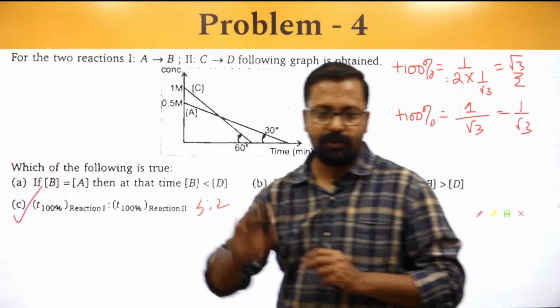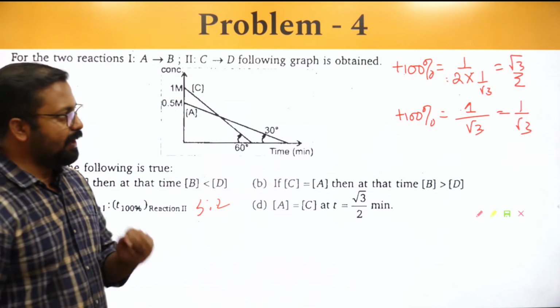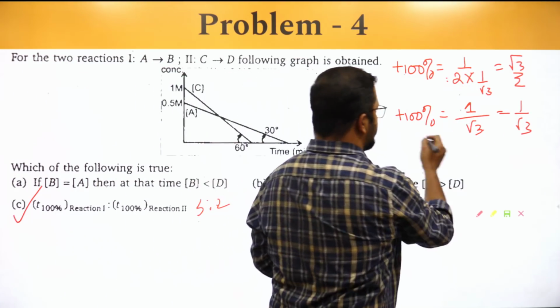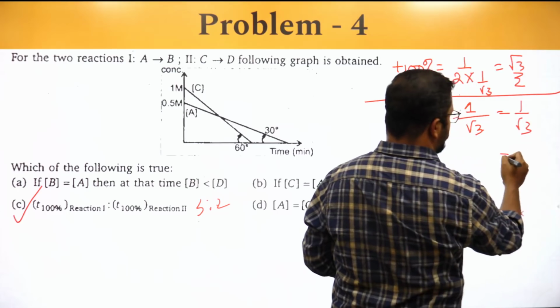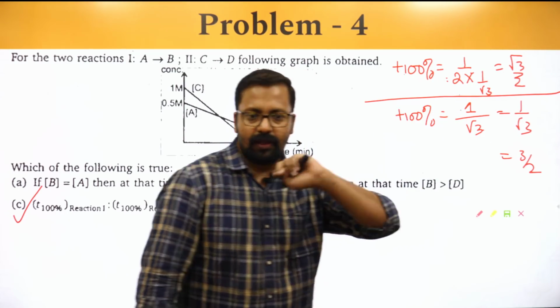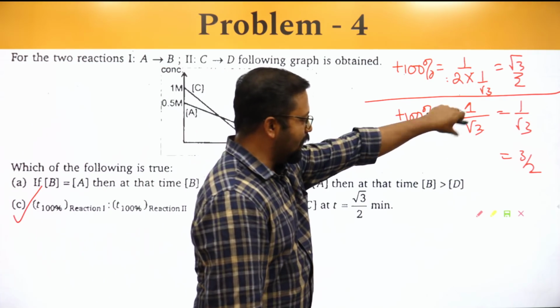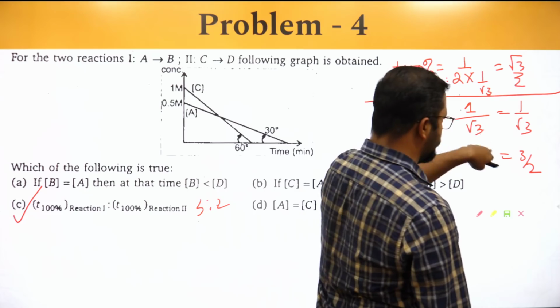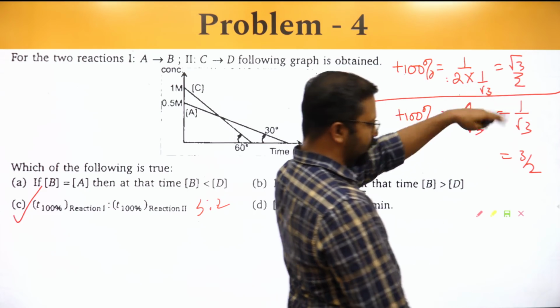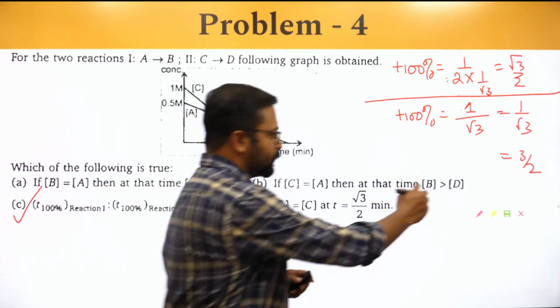I'm sorry, it will be correct. If I now take the ratio, it will come out to be 3/2. I'm sorry, this was 1 by root 3. By mistake I placed it as 1 by root 3 over here and cancelled it off. It turns out to be 3/2.